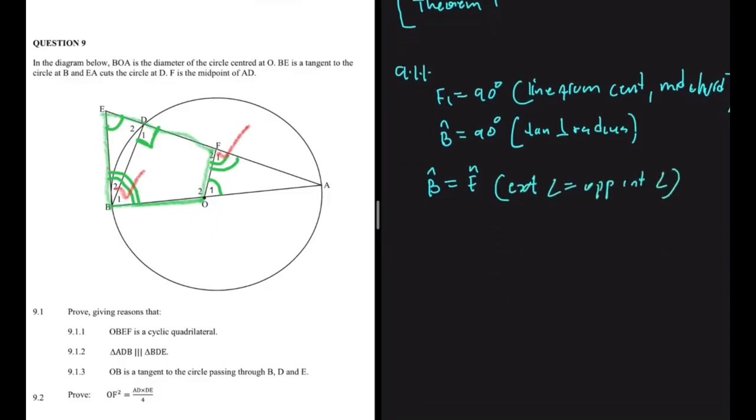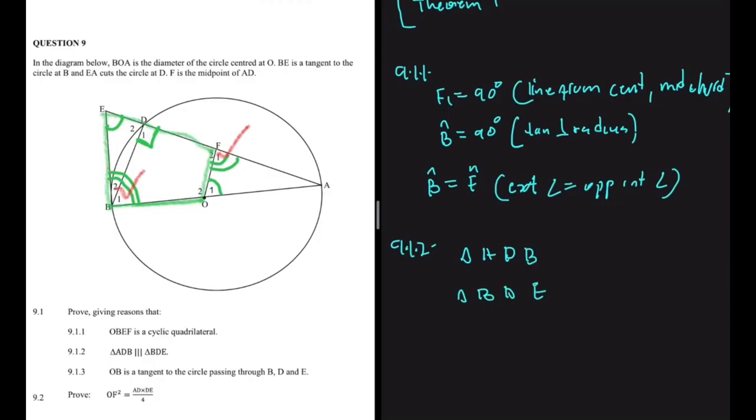And then now let's do 9.1.2. For 9.1.2, we're supposed to prove, given reasons, that triangle ADB is similar to triangle BDE. And let me tell you something.